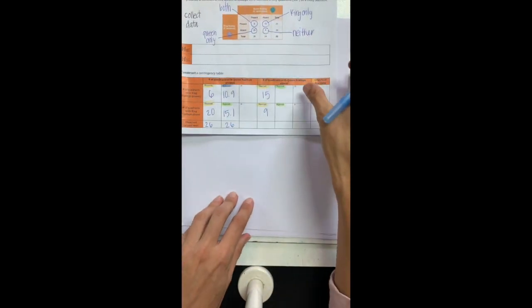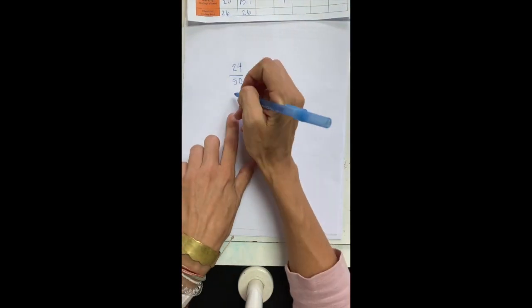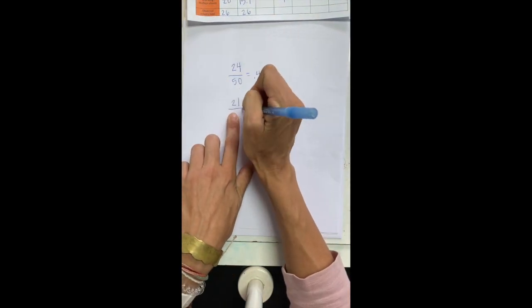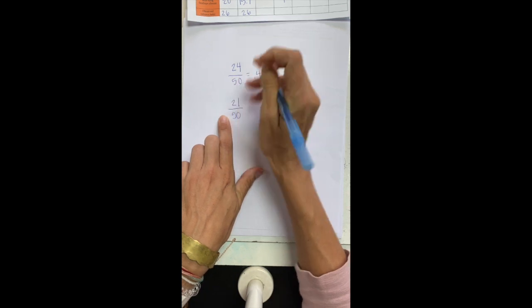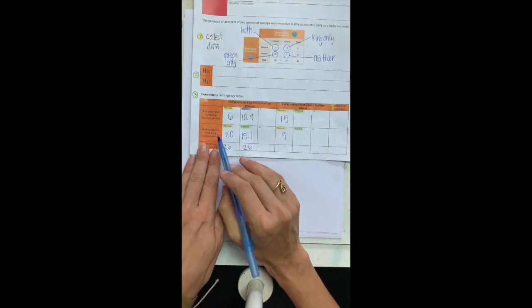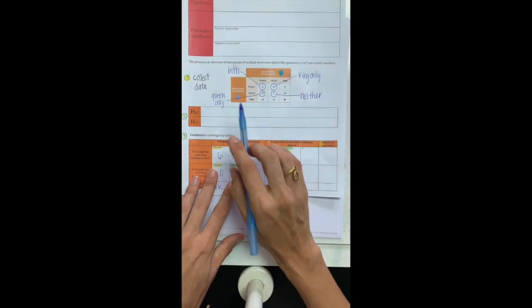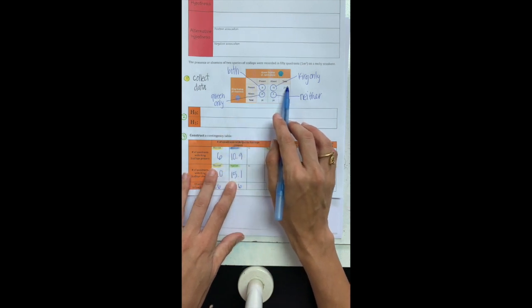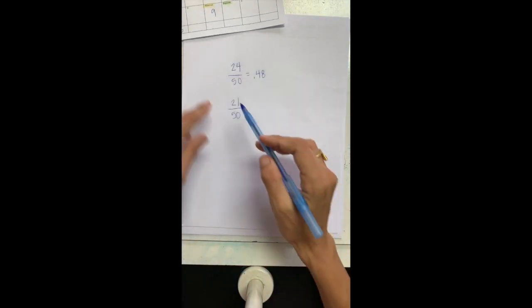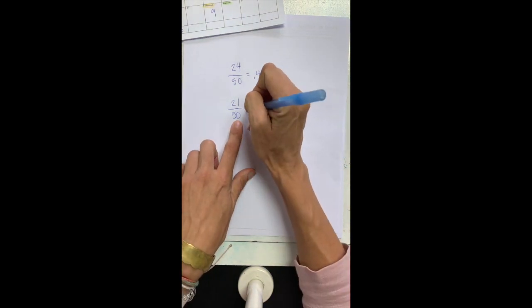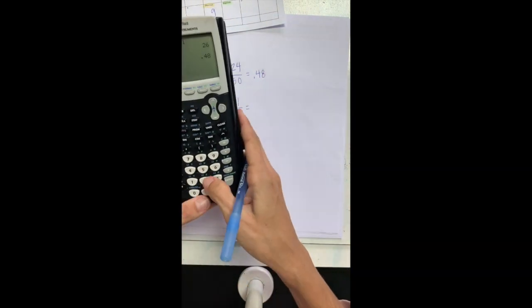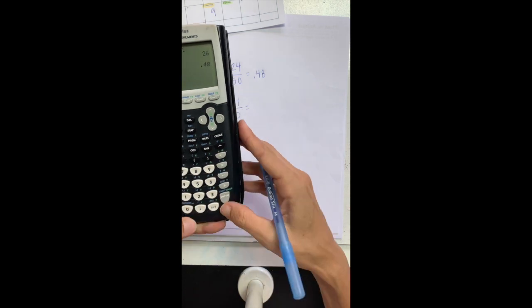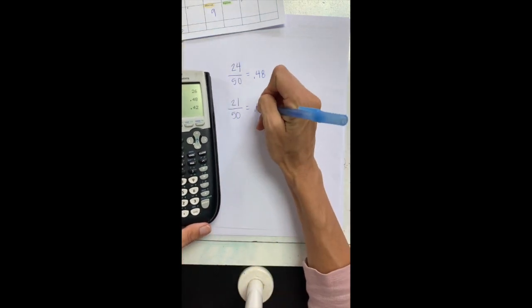We figured this out on our first one. If you recall, this was the total number of 21 divided by 50. If you want me to look at that real quick, we're looking at kings present, and you have a total of 21. So that's where that 21 came from. Divided by 50, it equals 0.42.